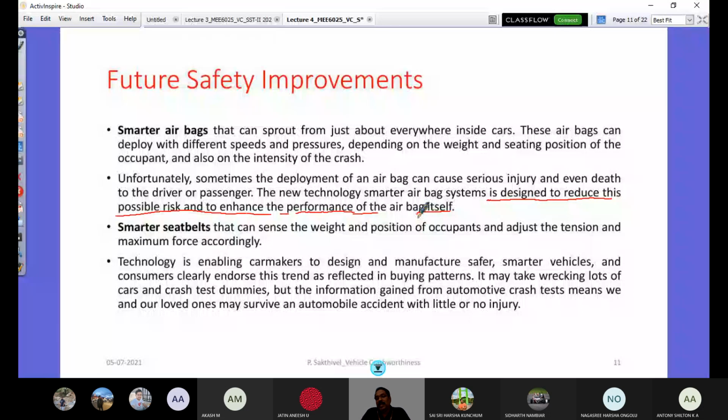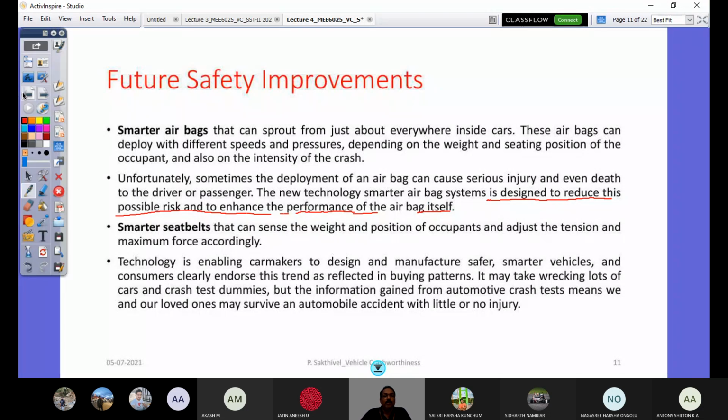It may take wrecking a lot of cars and crash test dummies, but the information gained from automotive crash tests means we and our loved ones may survive an automobile accident with little or no injury at all, right? That is the continuous safety improvement that goes into automotive safety systems.